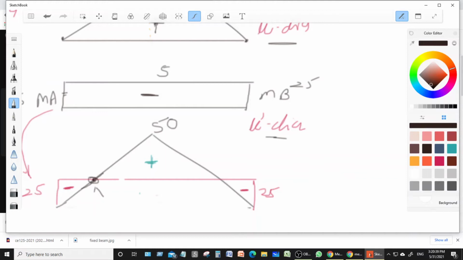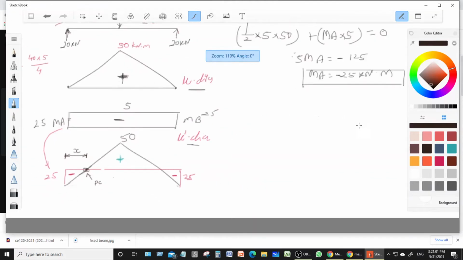This point is known as the point of contraflexure. In any structural member, we must know the distance of this point of contraflexure. So how do we find it?